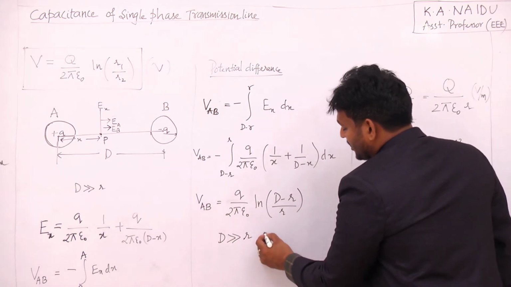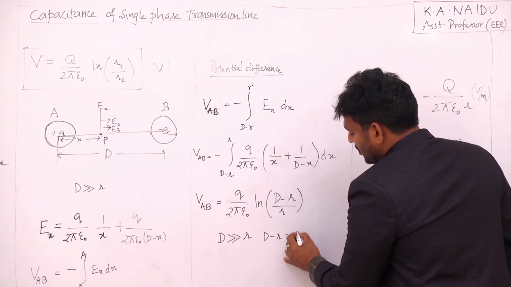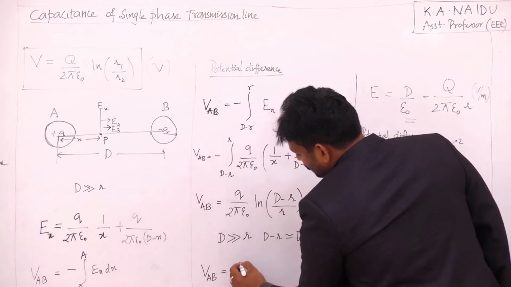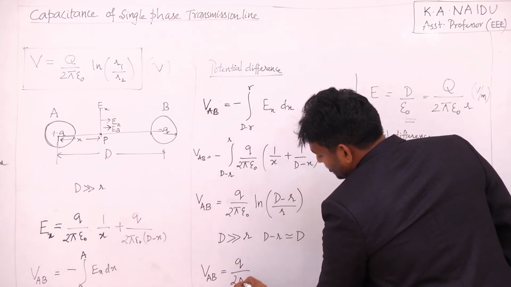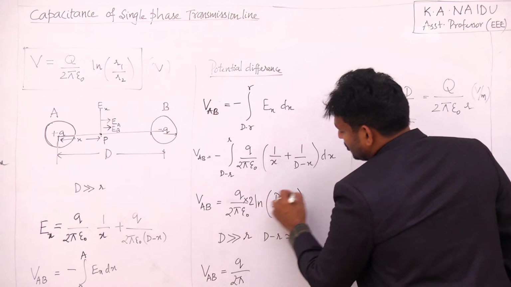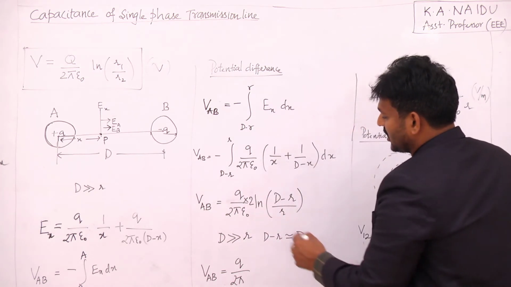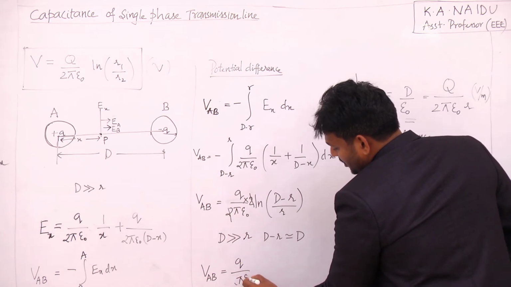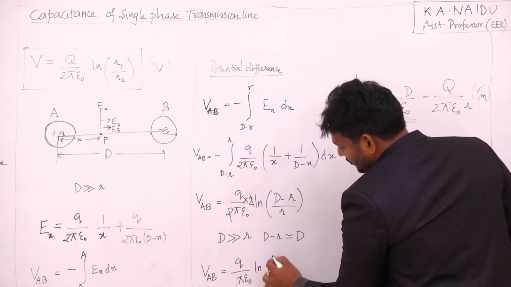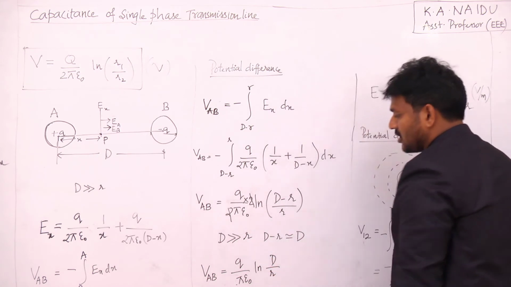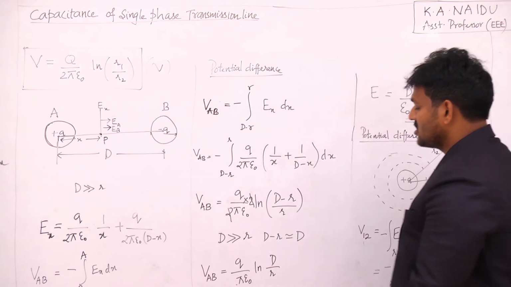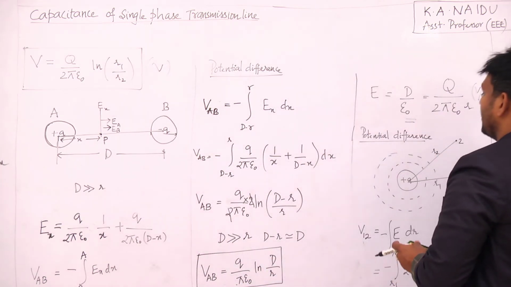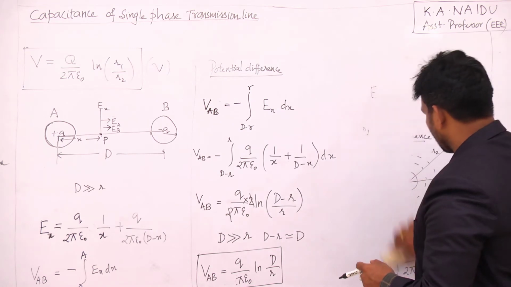Therefore, you can neglect R and take D minus R as nearly equal to D. Therefore, you substitute, VAB is equal to Q by 2 pi epsilon naught, and here you will get 2 into ln of D by R. This 2 will cancel, and you will get VAB equal to Q by pi epsilon naught ln of D by R. So this is the potential difference between conductor A and conductor B, or line A and line B.